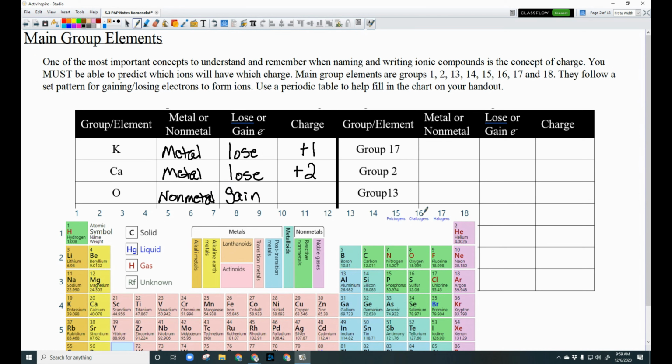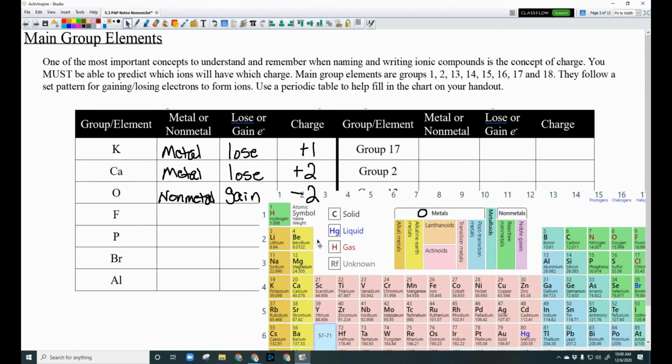Well, you always look at this last number. It's in group 16, so it has 6 valence electrons, but it wants to have 8 valence electrons. So it's going to gain 2 valence electrons. Now electrons are negative, so when it gains 2 electrons, it's going to have a -2 charge. Okay, so you see how that works out?